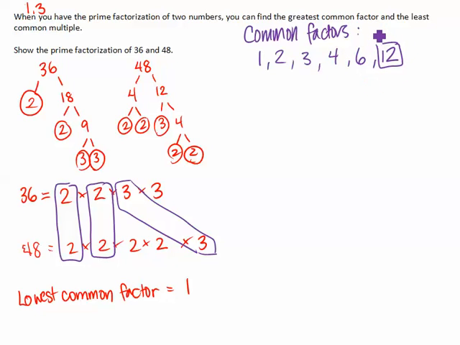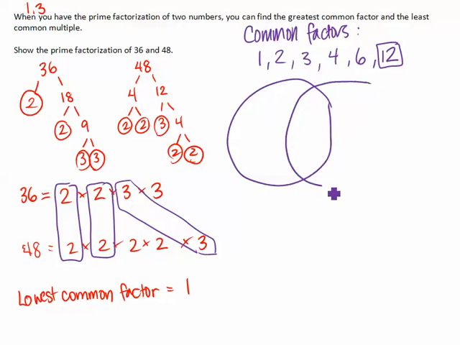How can we make this a little bit easier? We can put it in a Venn diagram. So I'm going to draw a Venn diagram here. I'm going to put in all the prime factors of 36 and all the prime factors of 48. So I see the common ones, they share a 2, they share a 2, and they share another 3.